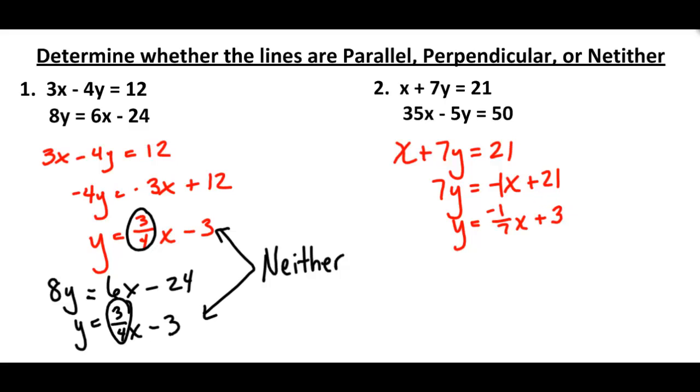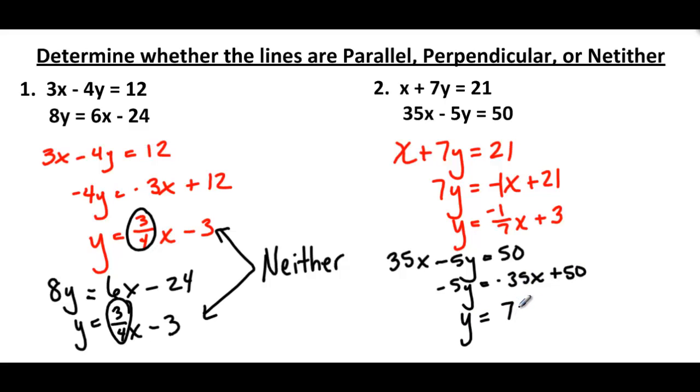And if I do the same for my second equation, my 35x minus 5y equals 50. So what I'm going to do here is subtract the 35x, my plus 50, and then divide everything by a negative 5. So if I divide negative 35 by a negative 5, I get a positive 7x, and then I'm going to be left with a negative 10, 50 divided by negative 5.